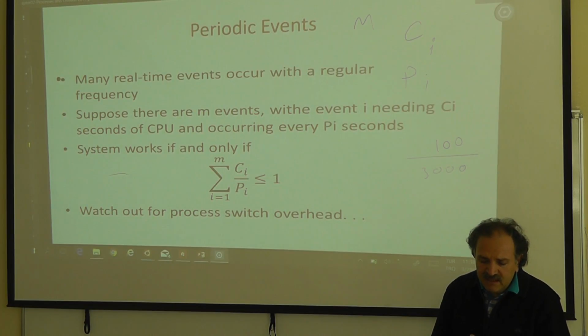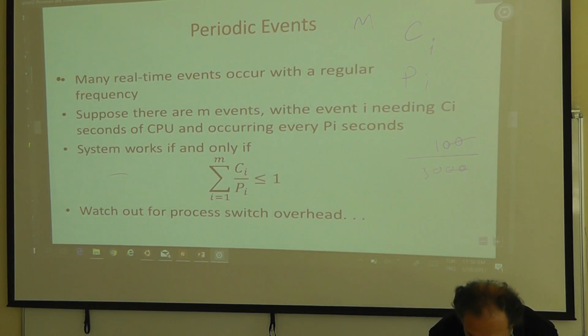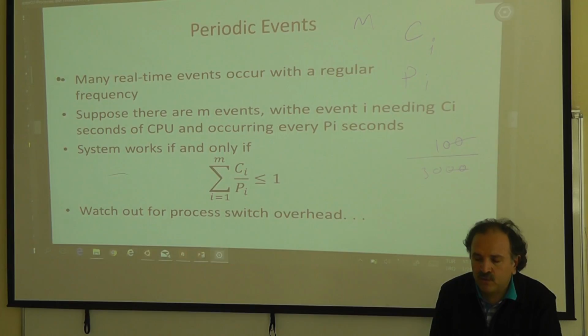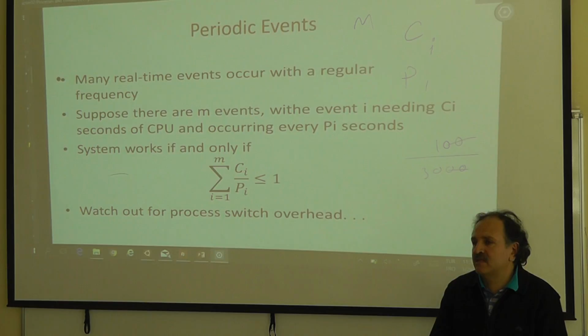That means that it is using 1 over 30th of the CPU time, right? If I have 29 more processes like this, my CPU can take this load.